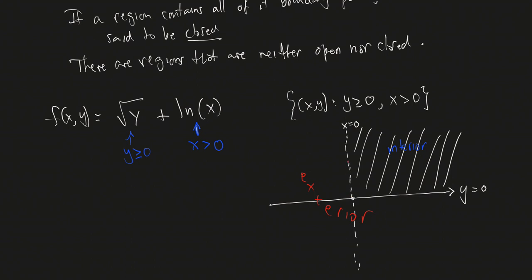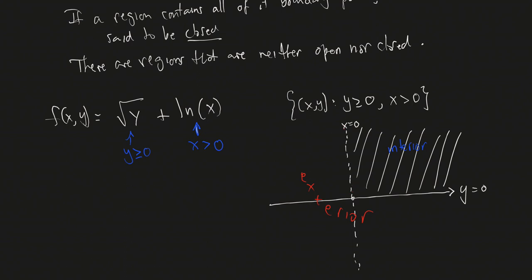It has the positive y-axis as a boundary and the positive x-axis as a boundary. The points along the positive x-axis are included, but not the points on the positive y-axis. So this region contains some of its boundary points, but not all, right?